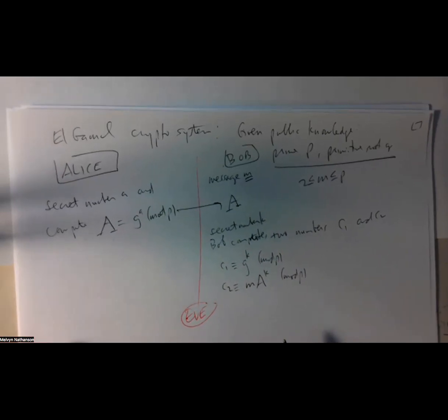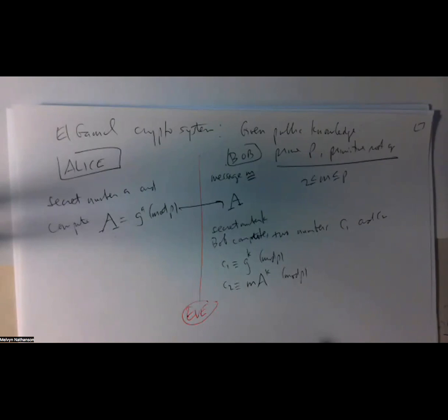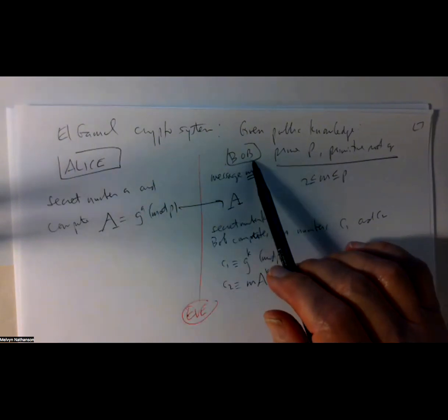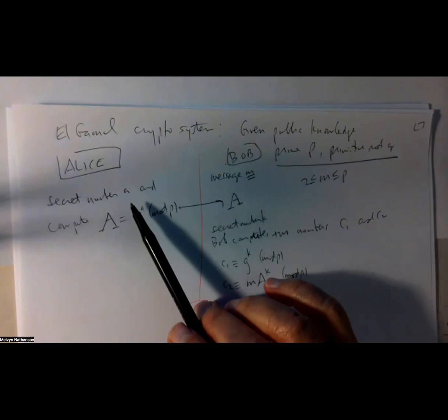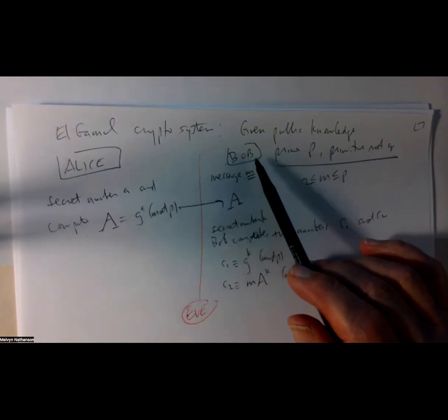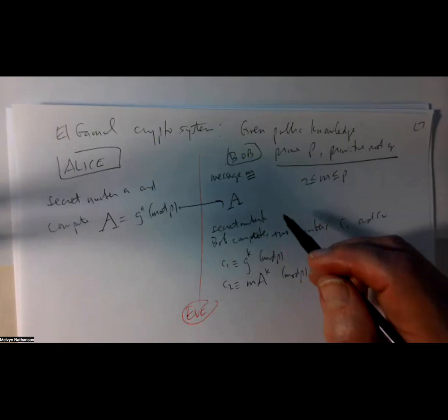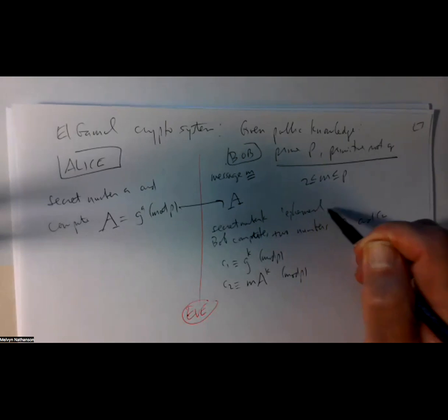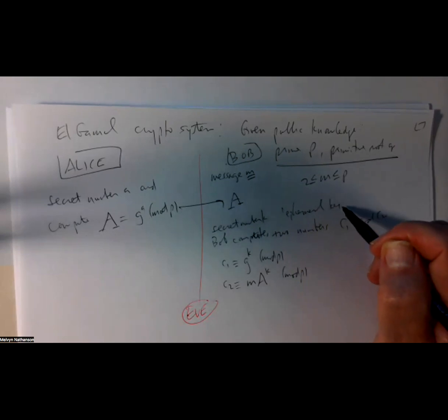All right. So this is more complicated than Diffie-Hellman. In Diffie-Hellman, Alice chose a number little a and Bob chose a number little b. Here, Alice again chooses a number little a. Bob chooses a number, but we're calling it k this time, because this is going to be an ephemeral key. He's not going to use it very often.